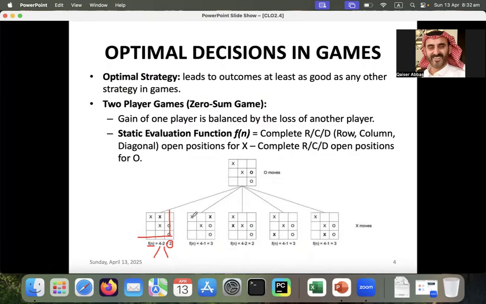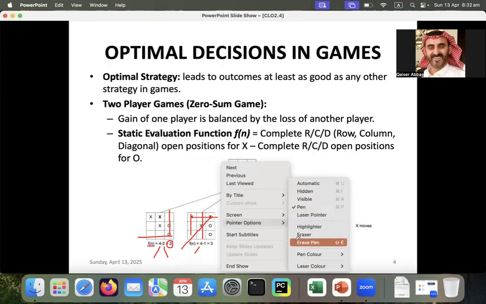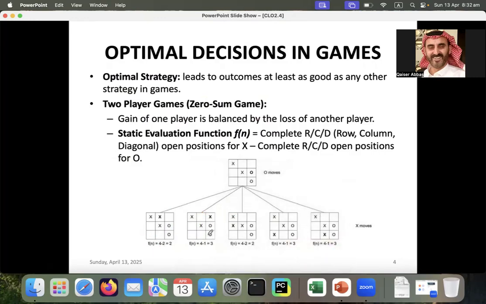Similarly here, 1, 2, 3, 4. It is again 4 for the X, and O has how many values? O has only 1 open position. So that's why 4 minus 1 is equal to 3.